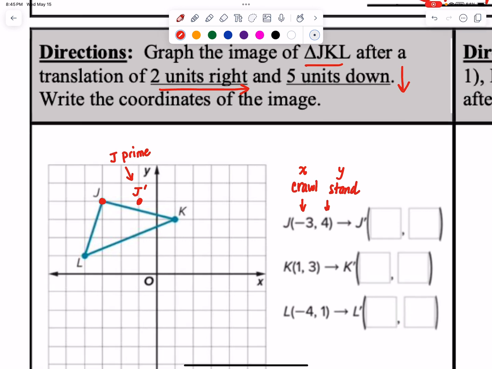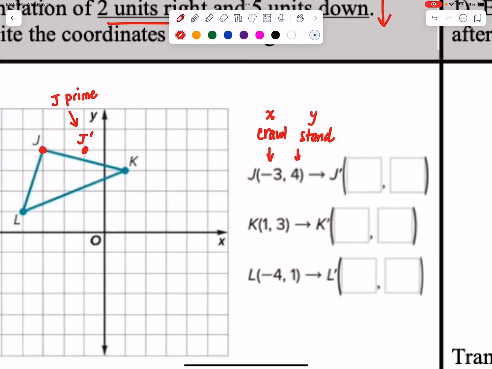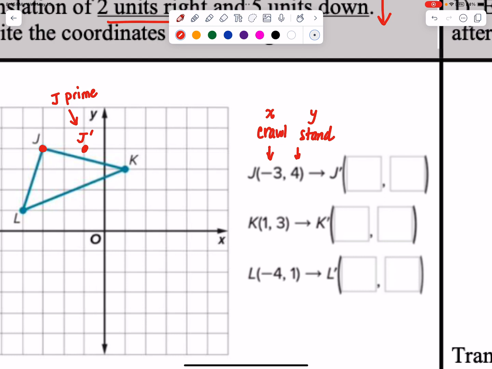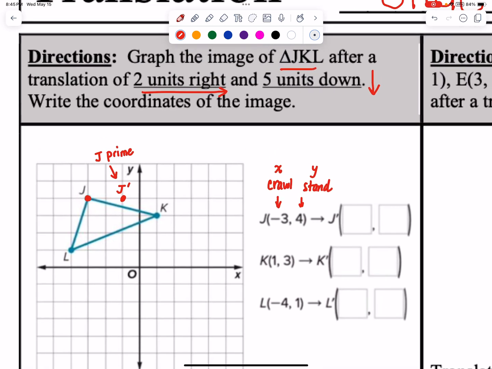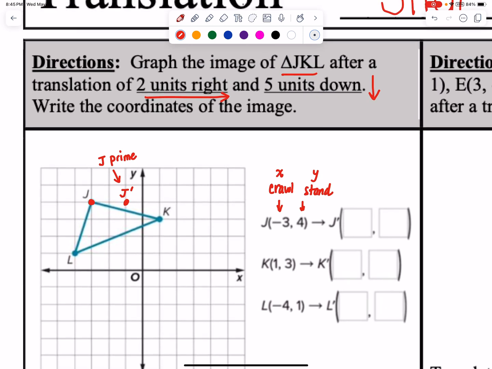We have a pre-image and then an image. So let's go ahead and write what point J prime is. We said 2 units to the right, so 2 units to the right is now -1. But then we need to move 5 units down. So this isn't really J prime in its final position, because we need to go 2 over to the right and then 5 down.